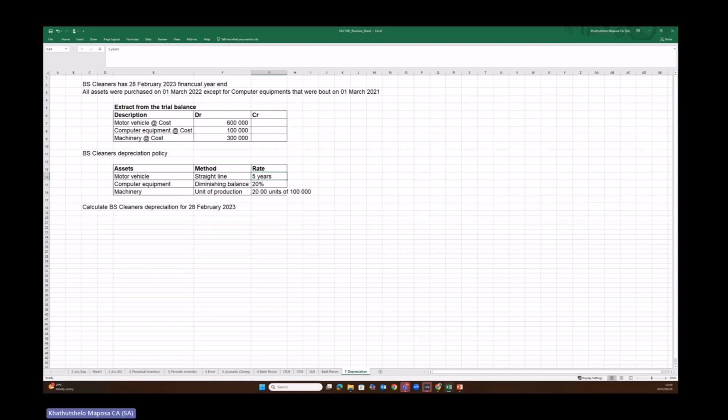And Daphne, you have not spoken today. Daphne, please calculate the depreciation for us for the computer equipment using diminishing balance method, 20%. We bought these computers for 100,000, on 1 March 2021.